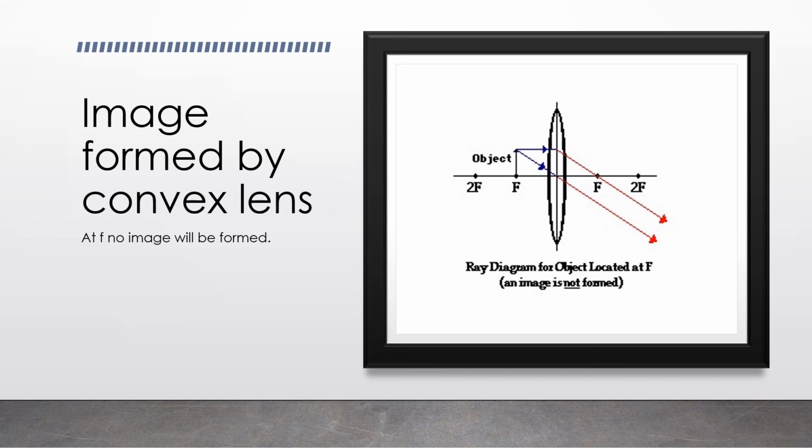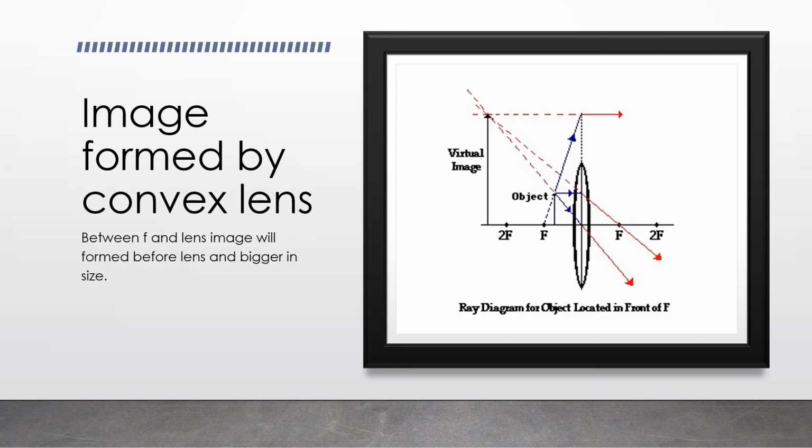Next, if I place my object between the lens and f, let's see what will happen. After converging, the rays will move further away, but the image will form on the left side of the lens, and on the left side the image will be virtual.